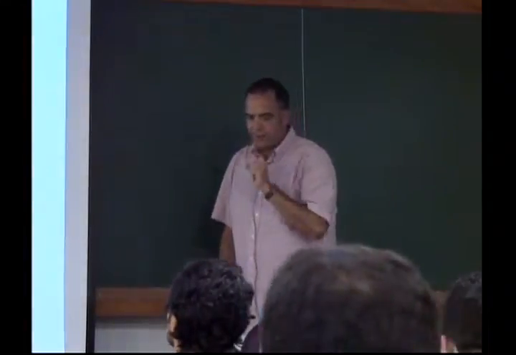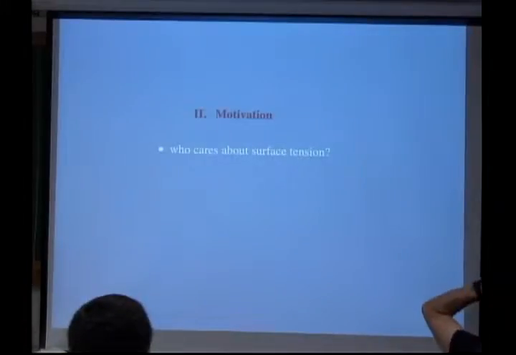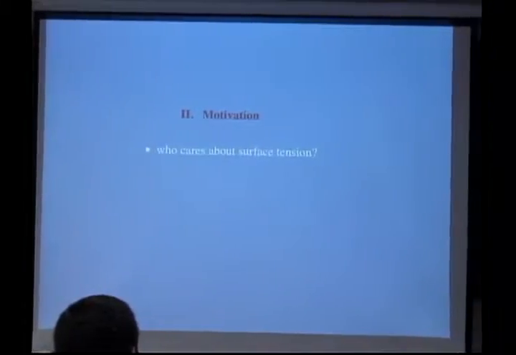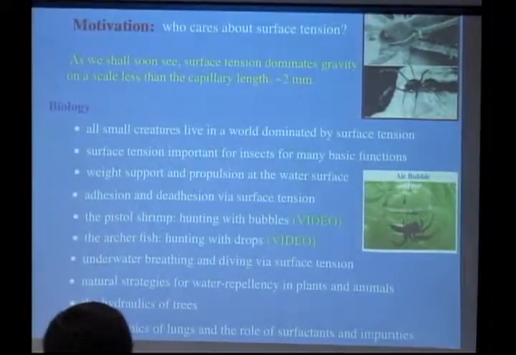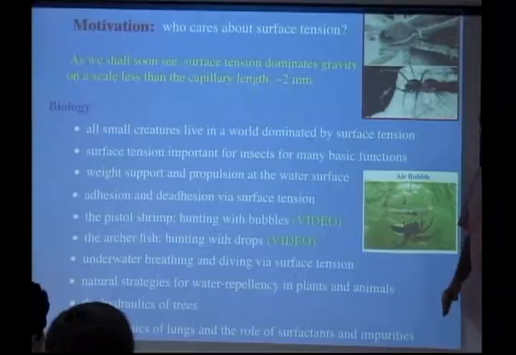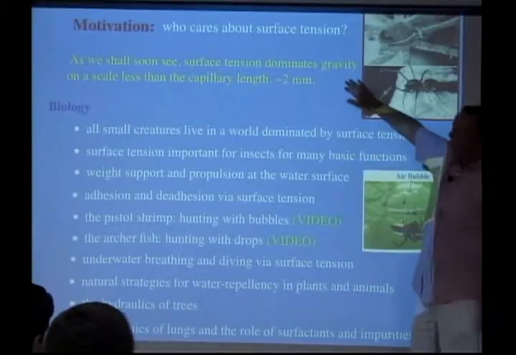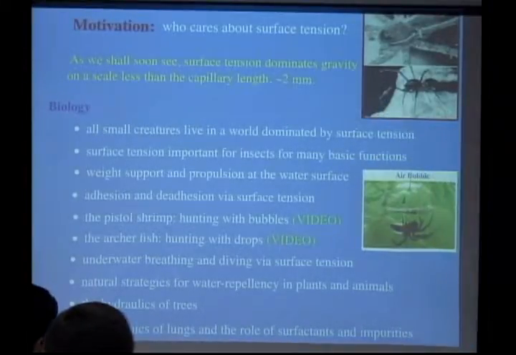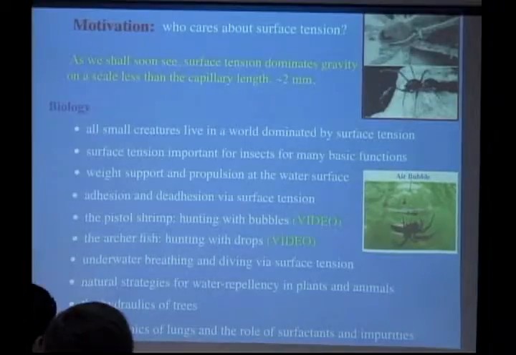Okay, so now we get into who cares about surface tension, apart from me, and hopefully you. The first things to care about surface tension were bugs. As we'll see later in the class, surface tension dominates gravity on a scale which is small relative to raindrops.